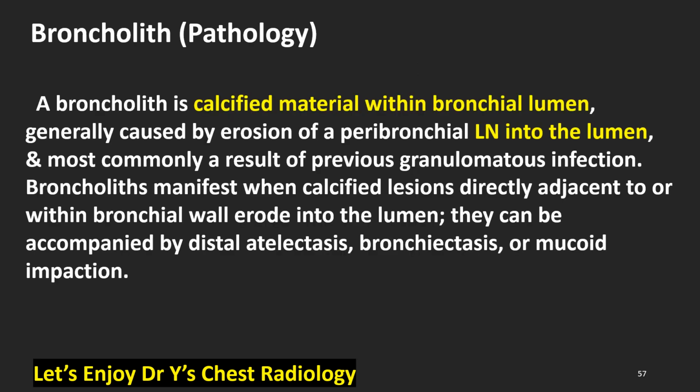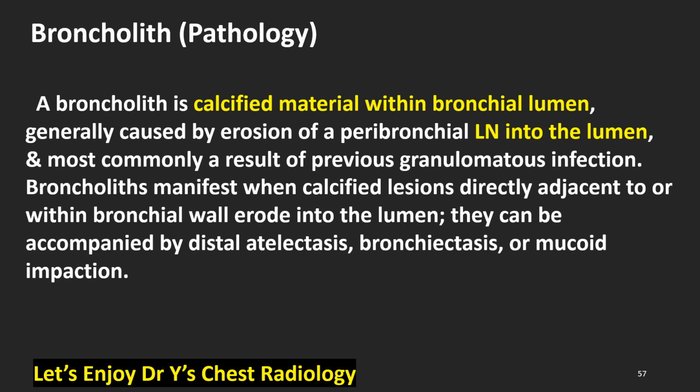Broncholith pathology. A broncholith is calcified material within the bronchial lumen, generally caused by erosion of a peribronchial lymph node into the lumen, and most commonly a result of previous granulomatous infection.